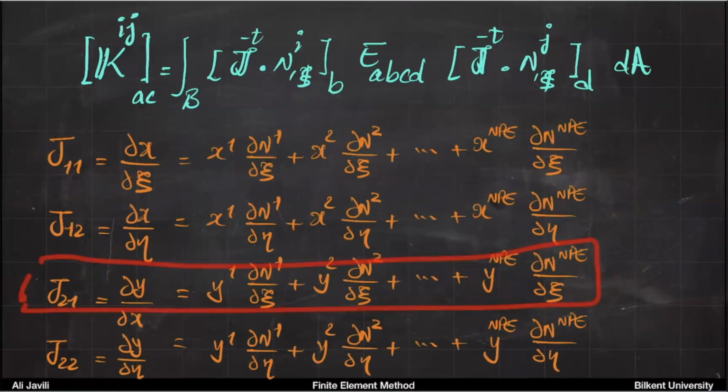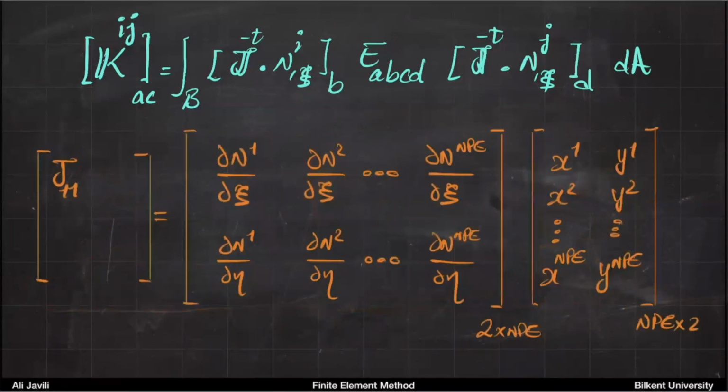So first row, second column is not J12 actually, it's J21. So you see that another transpose is about to happen. So that would be J21, and then there, if you look at it again, this would be J12, and that would be J22.